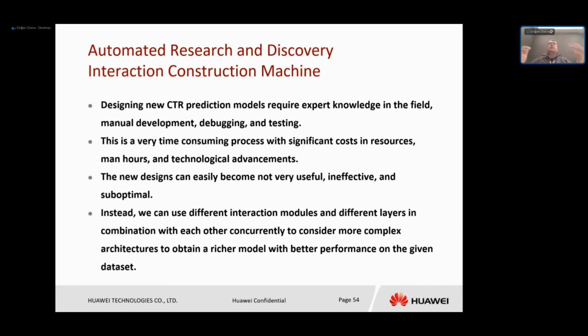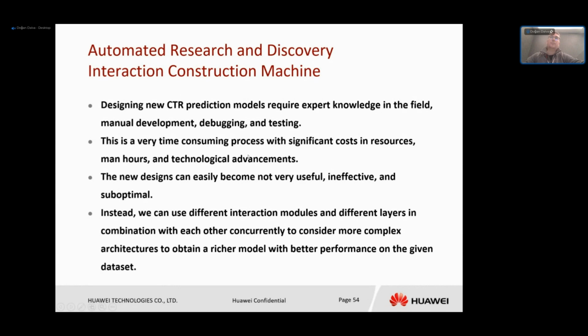So instead we can use these interaction models concurrently and consider more complex architectures, combining the beneficial parts of these together to achieve better performance on a given specific dataset. So we can build a new model for a given dataset and task on the fly, as datasets come.